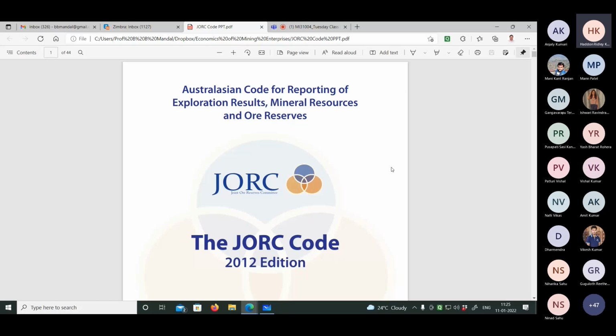In practice, if the data is having a lot of falsification, a lot of exaggeration, then what will happen? The company may not perform. So what happened later on, in Australia primarily they decided, and nowadays many companies have switched over to JORC code from UNFC. UNFC is the basis. Still today, UNFC is the good descriptor of the ore reserves of mineral resources.